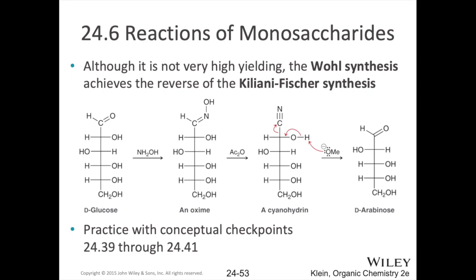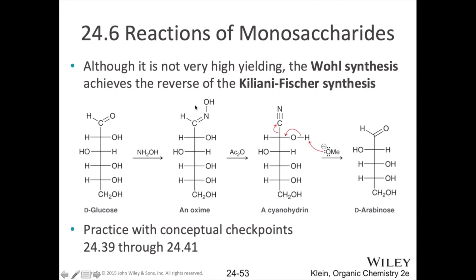So what we do here is we take hydroxylamine and react it with our sugar. It converts our carbonyl into the corresponding hydroxyl imine, also known as an oxime. We then react that with acetic anhydride, which converts that into the corresponding cyanohydrin.